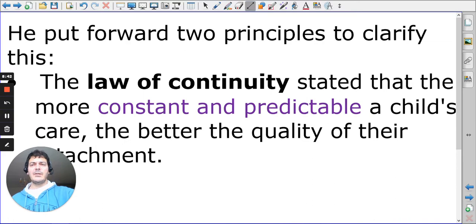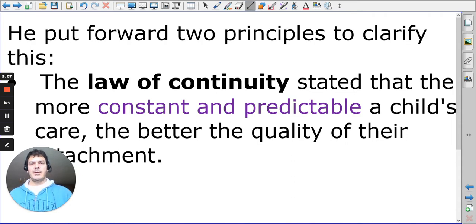In fact, he goes on to clarify this in principles. Now, I personally don't feel that too much detail on this is necessary, but of course it helps us understand monotropy. Okay, so first of all, he adds this idea and he calls it the law of continuity. So basically, babies, he said, need to have this constant and predictable care.